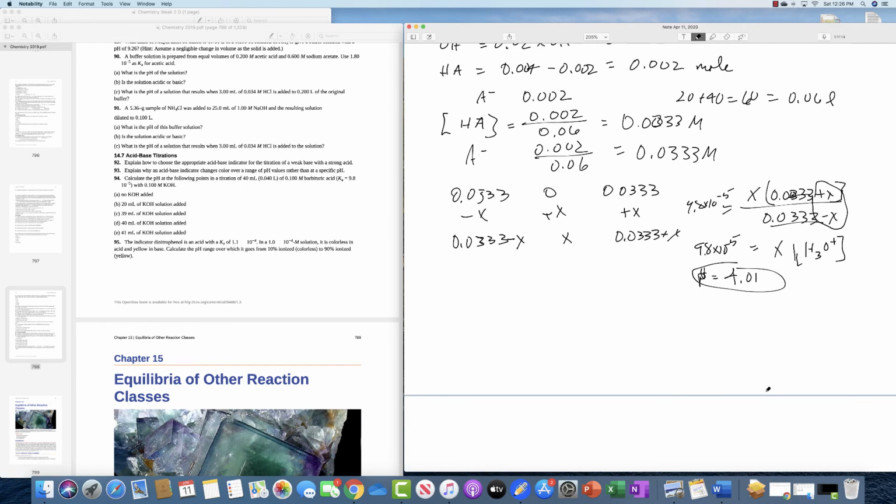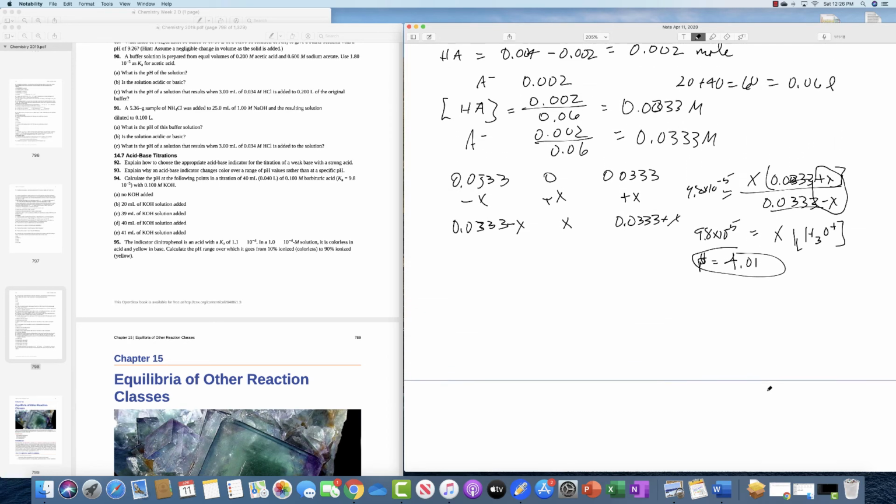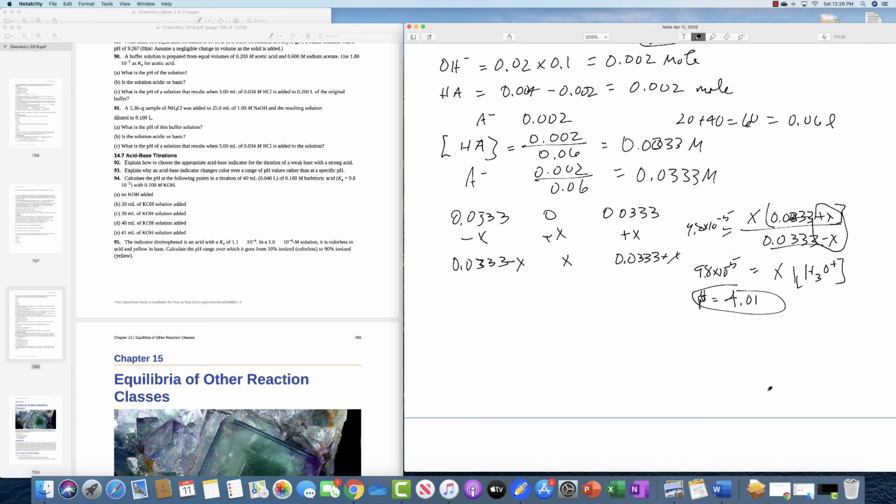I'm going to do one more, hopefully without stumbling over my words. So let's start right with this, because that's the next step, is you're now going to add 39 milliliters. So how much hydroxide are you adding? Well, you're adding 0.039 times 0.1. So it's now 0.0039 moles of hydroxide.